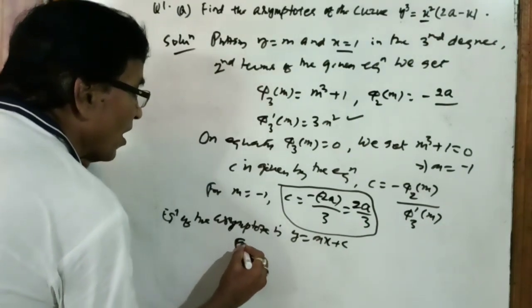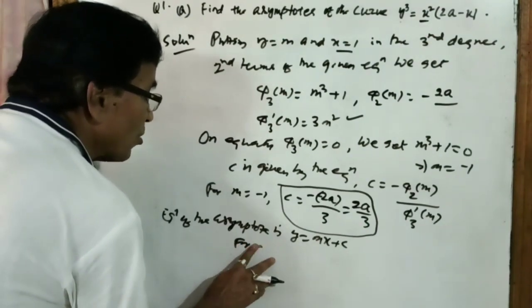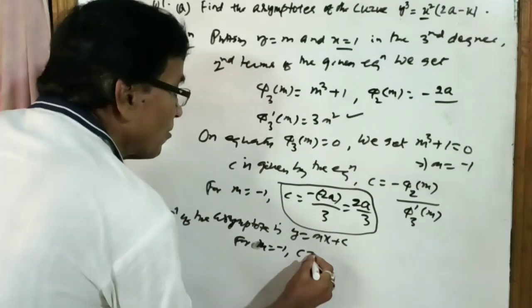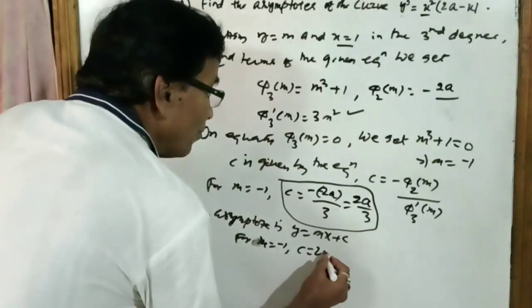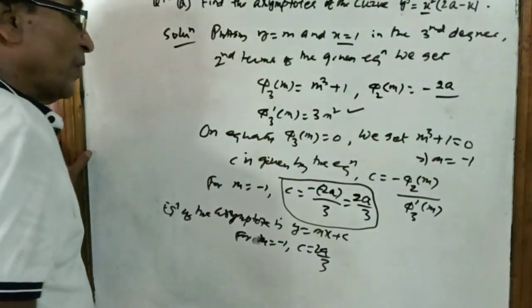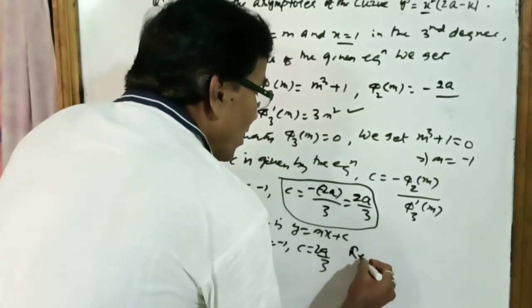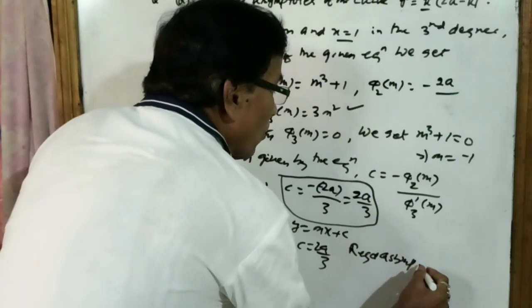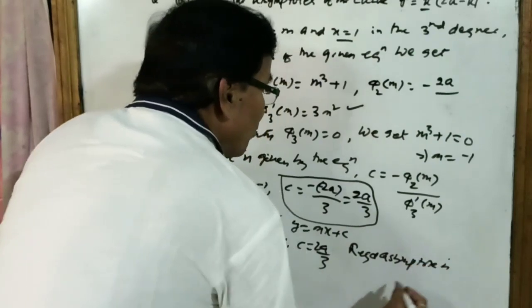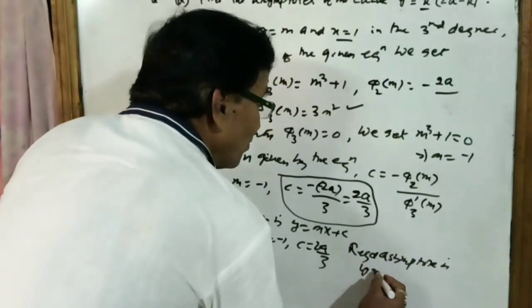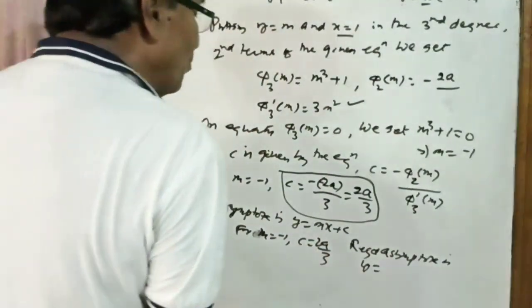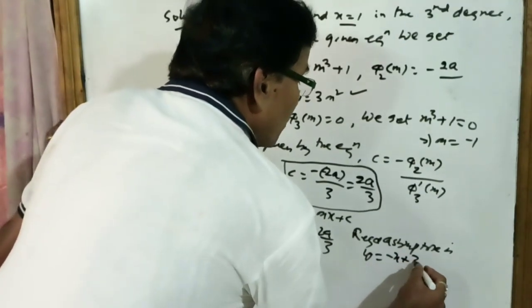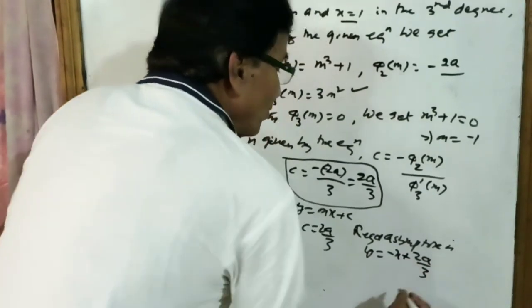For m = -1 and c = 2a by 3, the required asymptote is y = -x + 2a/3.